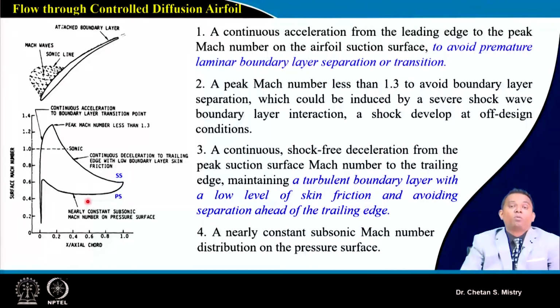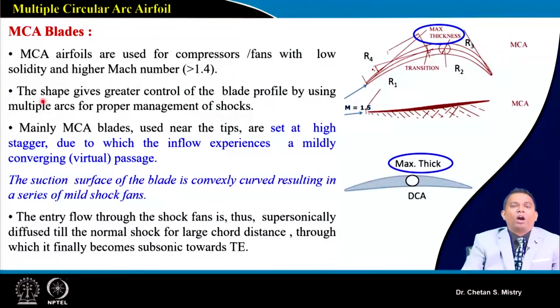Now people have this kind of understanding through detailed flow field study, and based on computational tools we are able to manage. Basically, what we are doing is managing our flow between two aerofoils.